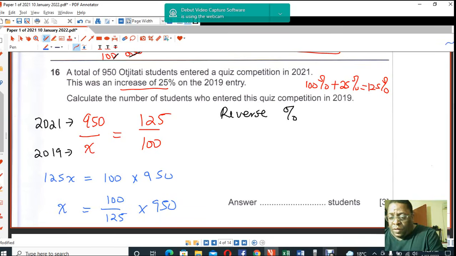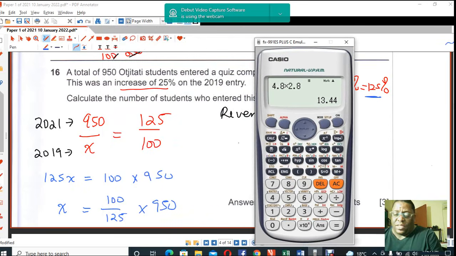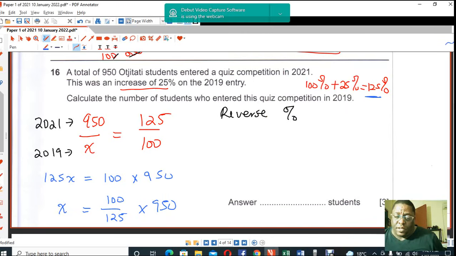Good. A lot of students go directly to this method as long as they have added this 25 here, because we are dealing with an increase. Whatever you do, just make sure that you understand the question. We expect a number that is less. Hence, when you multiply by a proper fraction, you're going to get an answer that's less. So if you did not add the 25%, you would be dealing with an improper fraction, like 100 over 25, and the answer will not be correct.